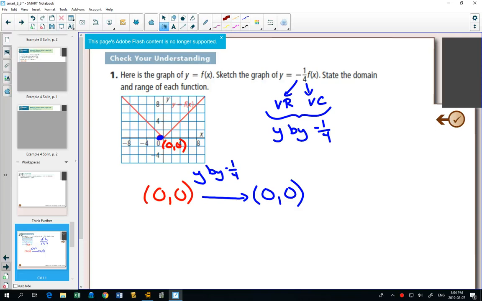Can someone tell me a point I could take off my red graph so that when I multiply the y coordinates by -1/4, I don't get any fractions? 4, 4, yes. If I took 4, 4, which is right here, and I multiplied my y value by -1/4, my x doesn't change, but I get 4, -1. So I go to 4, and I go to -1, which would be right there.